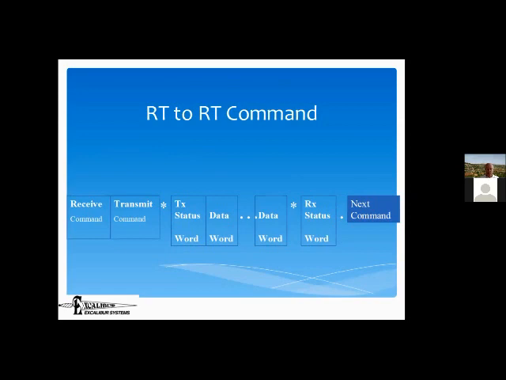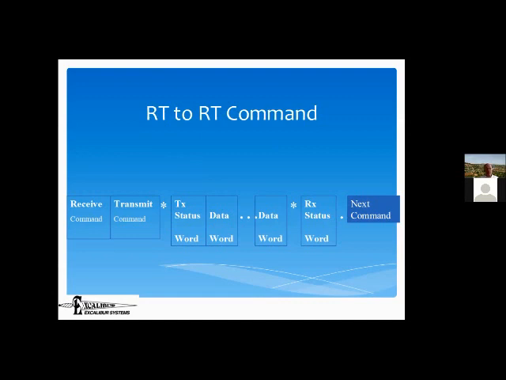The second one is to the RT that's supposed to transmit the data. After these two commands both go out, there's a response time wait, and then the transmitter starts to transmit. And he transmits, like every transmitter, starting with the status word and then followed by the data words.